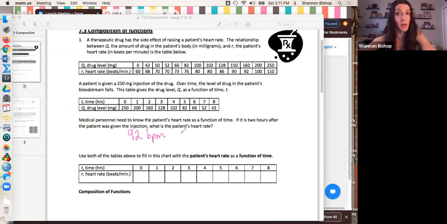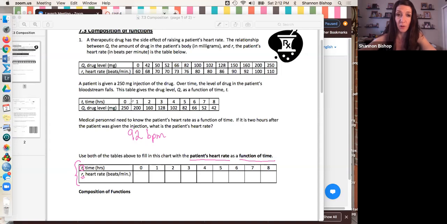Okay, well now that you've thought it through, how could we use those tables to fill in this table right here, which is going to be the patient's heart rate as a function of time? So notice the output variable here is the heart rate and the input variable here is time. So what will the patient's heart rate be after 0 hours?